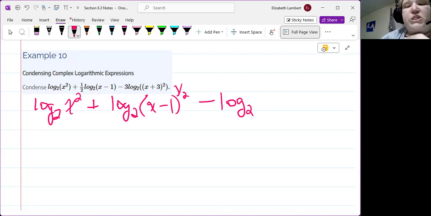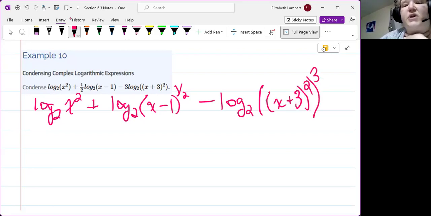Log base 2 of x plus 3 squared cubed. So squared and then cubed, 2 times 3. This will be x plus 3 to the 6th.